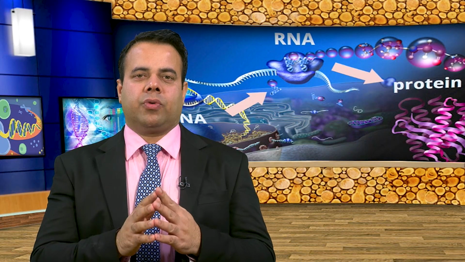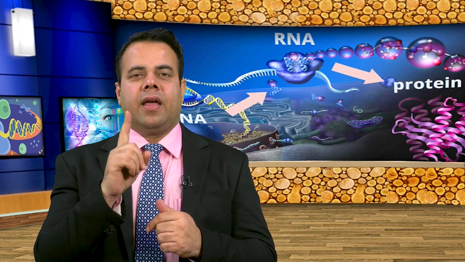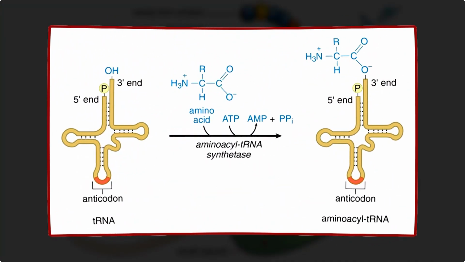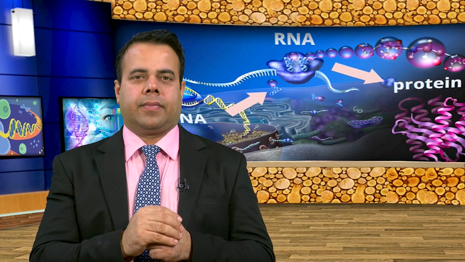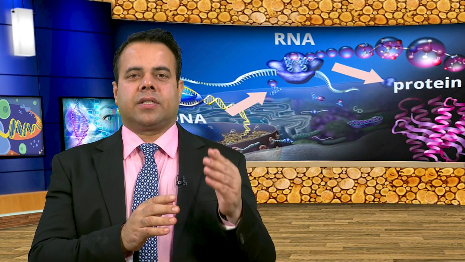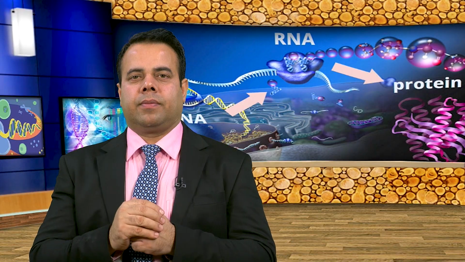Each tRNA molecule carries only a single amino acid. The attachment of an amino acid to a tRNA is catalyzed by an enzyme called aminoacyl tRNA synthetase. A separate aminoacyl tRNA synthetase exists for every amino acid, making 20 synthetases in total.